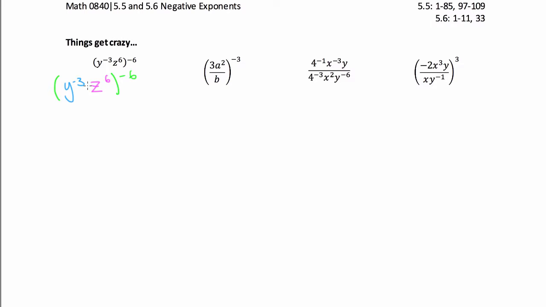So the operation connecting these two things is multiplication. And because both of those things are getting raised to a power in parentheses, that's going to be the first thing. So y to the negative 3 is going to get raised to the negative 6. And then z to the 6 is going to get raised to the negative 6.